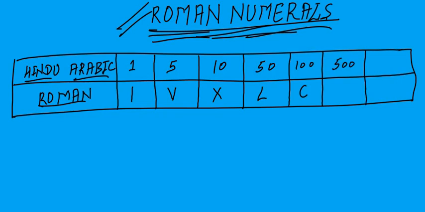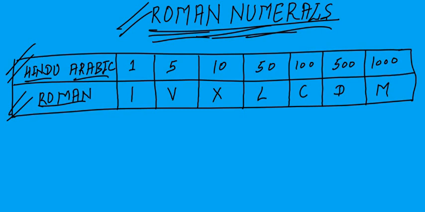In Roman numerals for 500 we use D, capital D. And the last one is 1000. In place of 1000, the symbol M is used. The basic difference is that in Hindu Arabic you use numbers, but in Roman numerals we use symbols, that is letters. So this will be used, and there are many rules.